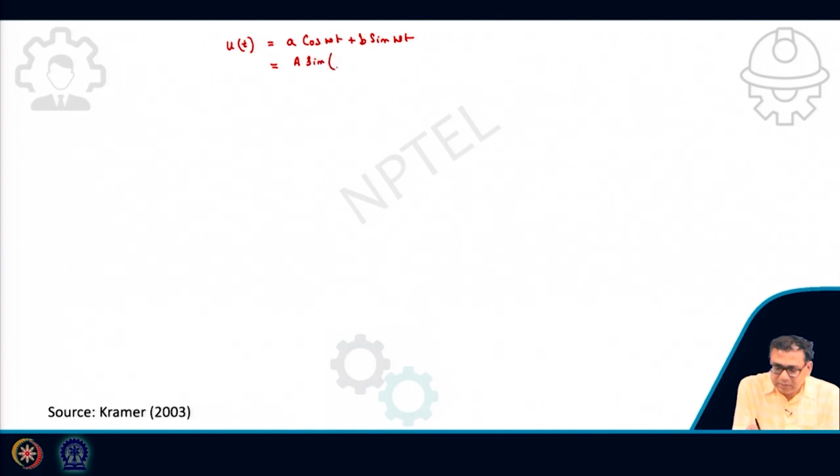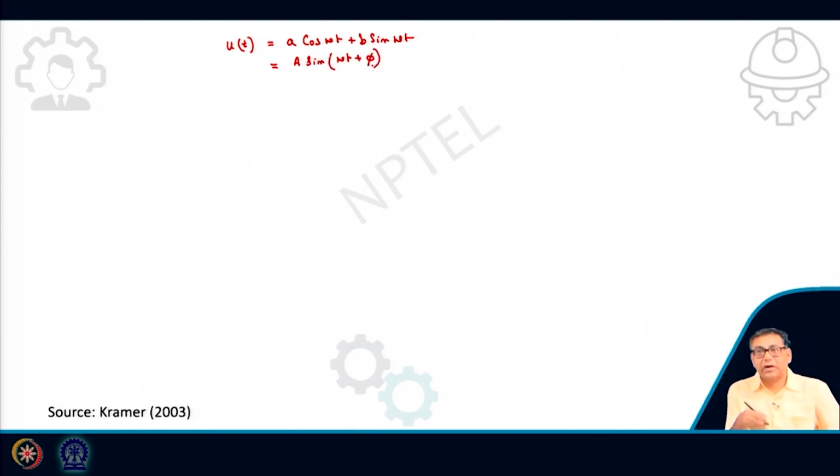Now this simple harmonic motion can be represented in another form, that is A cos omega t plus B sin omega t. It can be represented in this way also, and then you can write that as A sin omega t plus phi.